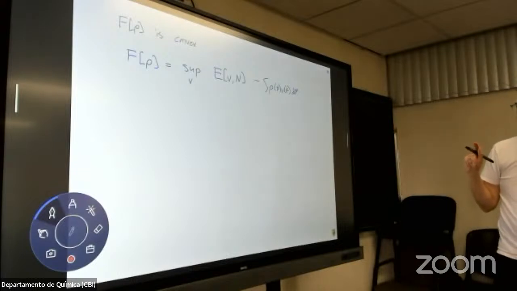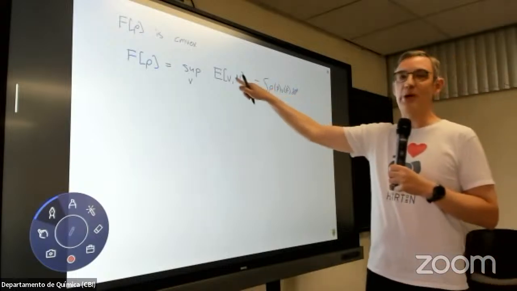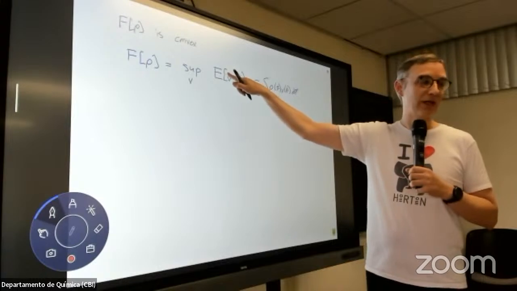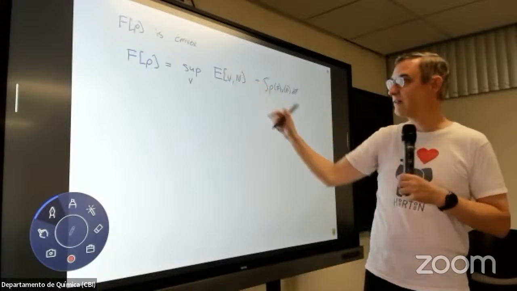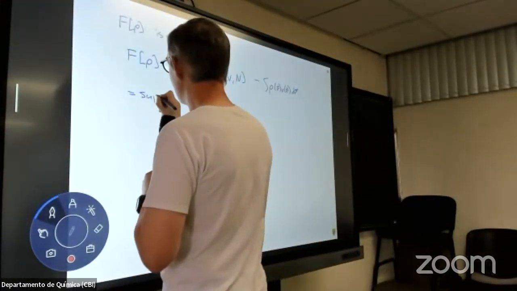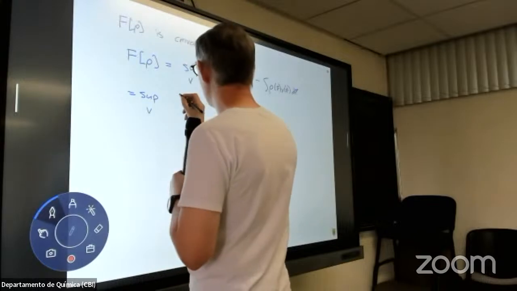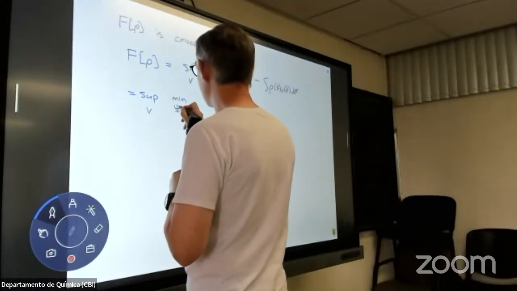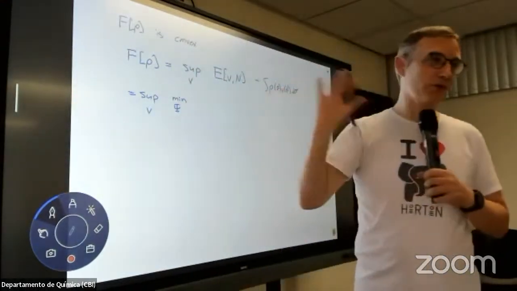Now, this isn't as useful as I would like it to be, mainly because I buried a lot of complexity inside this term, right? So I need to think about what this term looks like. This is the supremum over V of the minimum over, we can say, wave functions. It could be wave functions or ensembles. It doesn't matter.